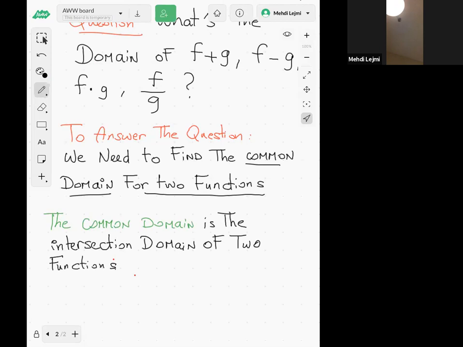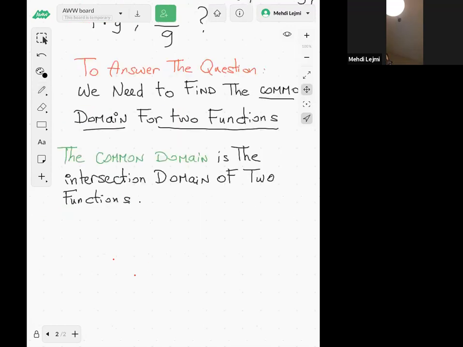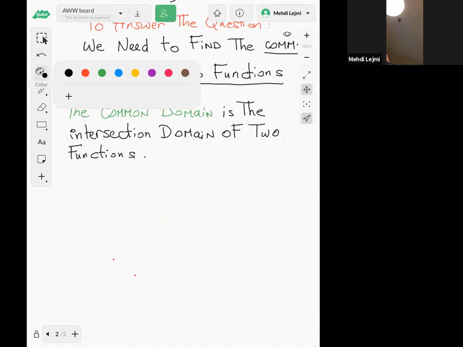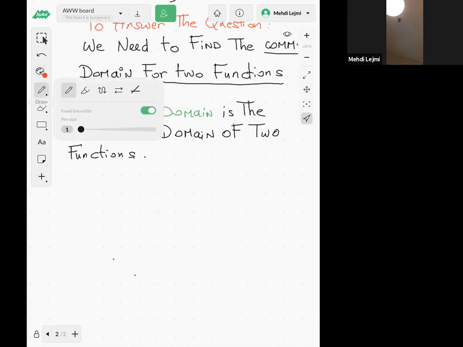Okay. So what do I mean by this intersection domain? Here's an example. I'm going to show you an example, so you can see what I mean by the common domain or the intersection domain.